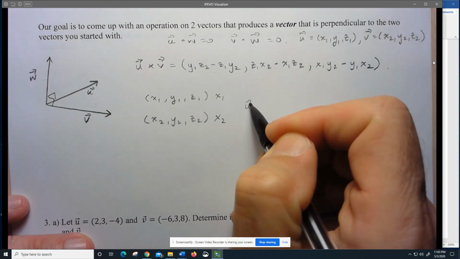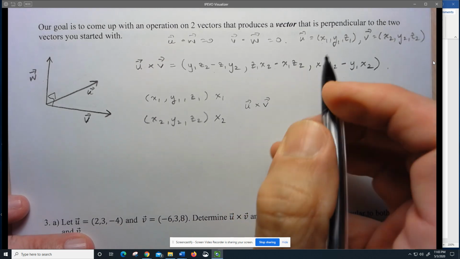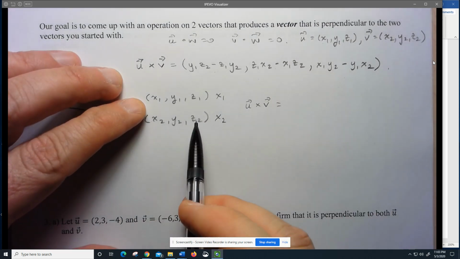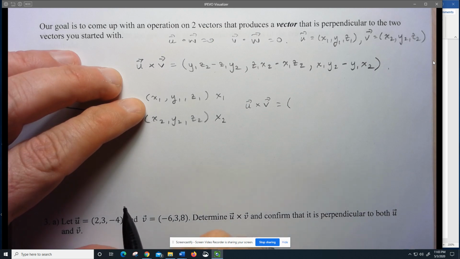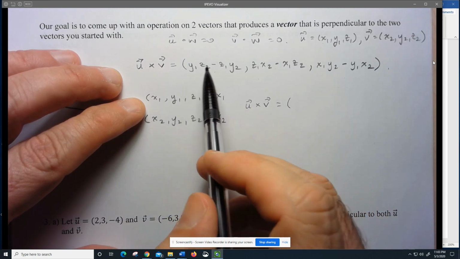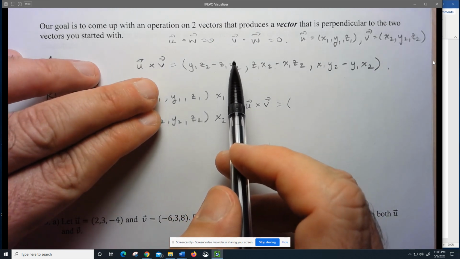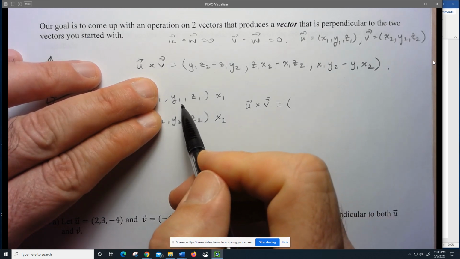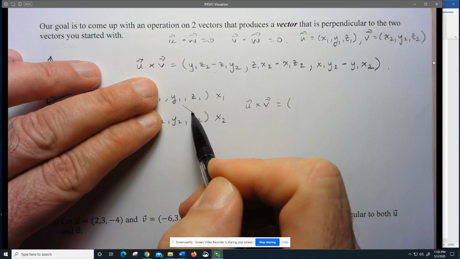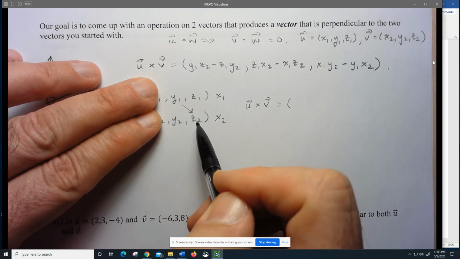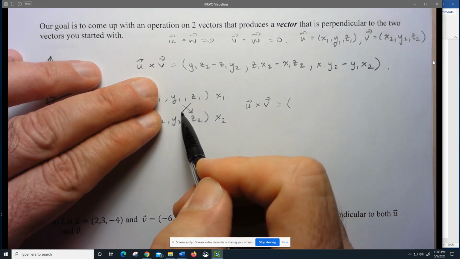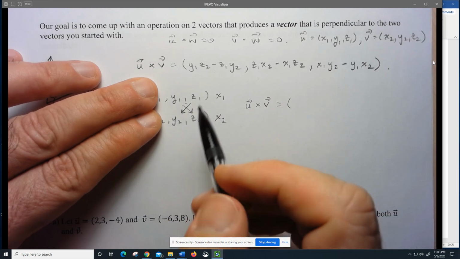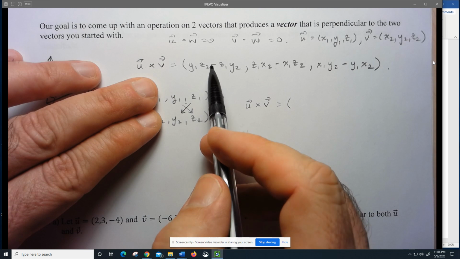So here, if I want to do u cross v, the little trick that I use is to look at the x component. Well, remember, the x component doesn't have any x's, so I'm going to block off that column, and look what we have here. If I do this cross multiplication, so y1 z2 minus z1 y2, and I subtract them, lo and behold, what do I get?